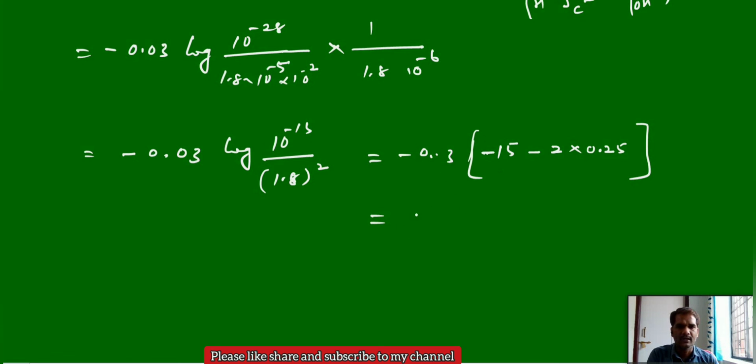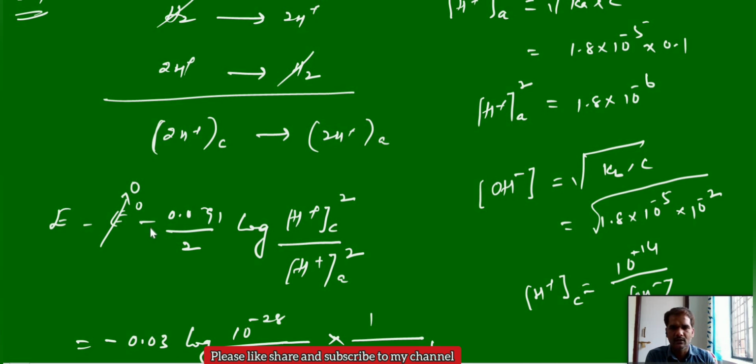Overall, this is minus, this is plus, and 0.3 into 15.5, so 3 into 15 is almost 45, and we get 4.6. Cathode by anode means you take positive here; we should actually take anode by cathode, but we have taken cathode by anode.